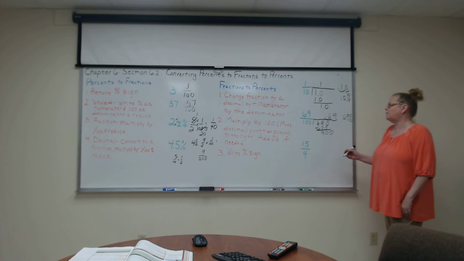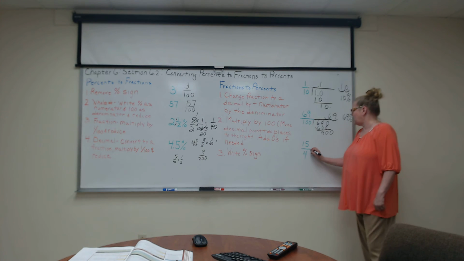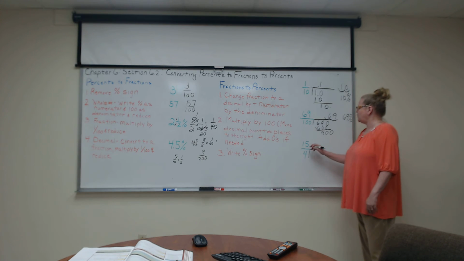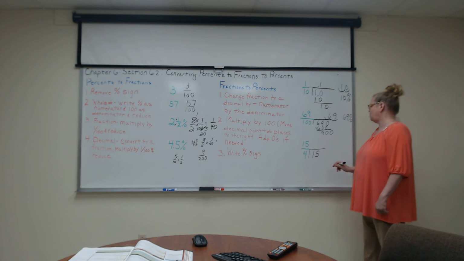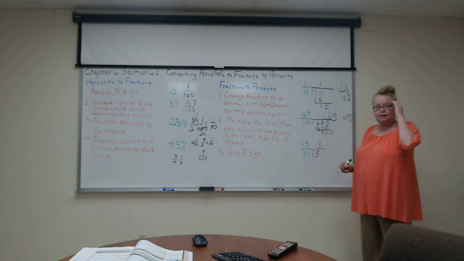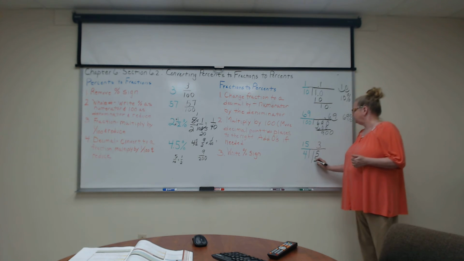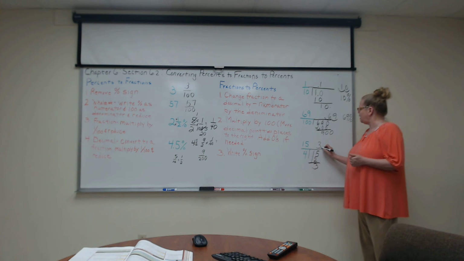And then finally, with our problem right here, we divide 4 into 15. 4 goes into 15 three times, so we're going to end up with a little bit larger percentage here. We bring our 3 down, put our decimal point in, and bring a 0 down.